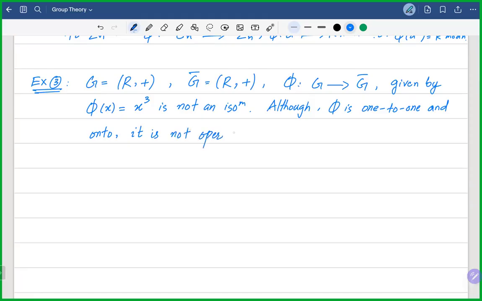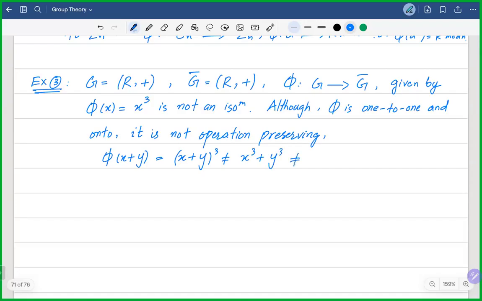Since phi of x plus y should be x plus y cube, which is not equal to x cube plus y cube. So it is not equal to phi of x plus phi of y. Okay, perfect.